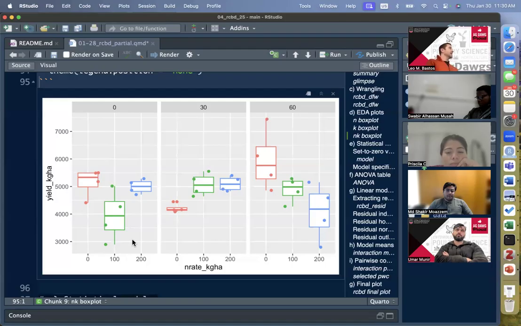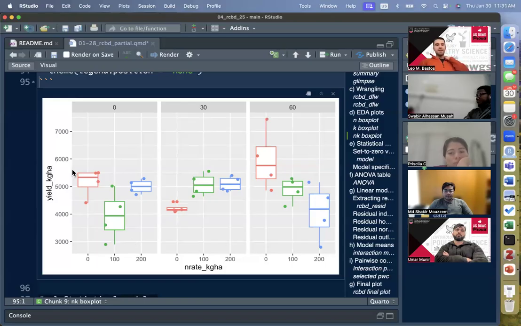So every time I can, I try to include raw data so people understand the variability. And on top of that, I bring a statistical summary, that letter separation that we're going to be doing in the end. So Priscilla, from what you're saying, and this is just a spoiler perhaps, when we get to the end of this exercise, we're basically going to be doing the same plots.